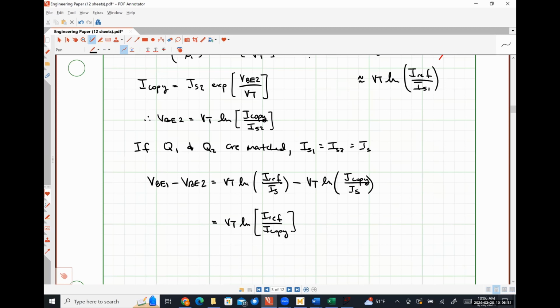When I have the same thermal voltage multiplied by the difference in these natural logs, that's the same as dividing the natural logs. And because they're both fractions, division is the same as multiplying by the reciprocal, so the IS's cancel each other out.